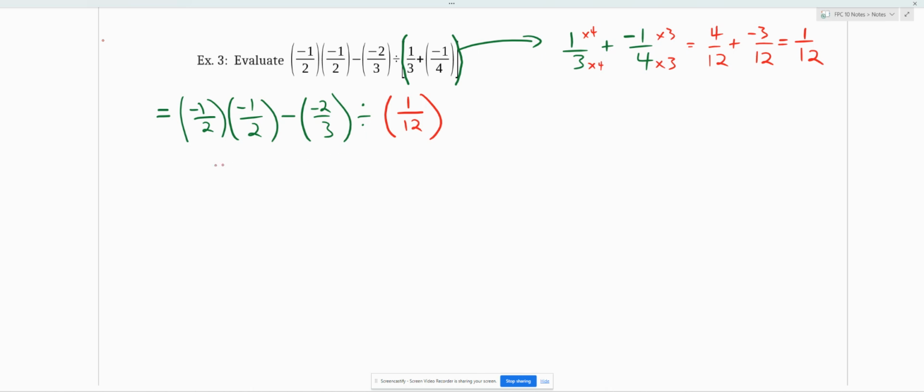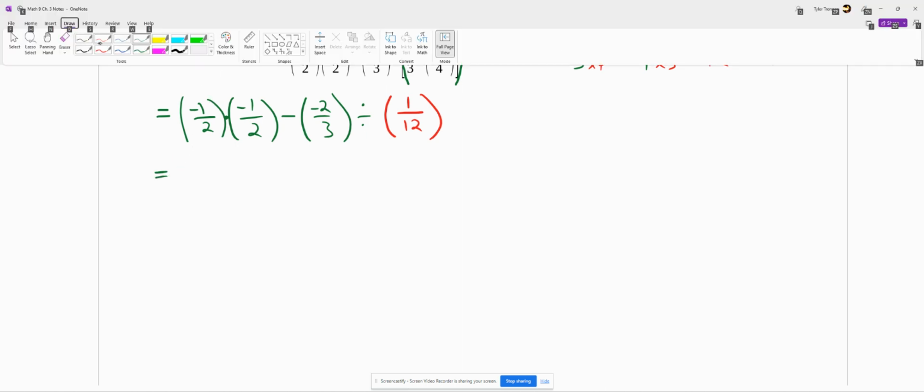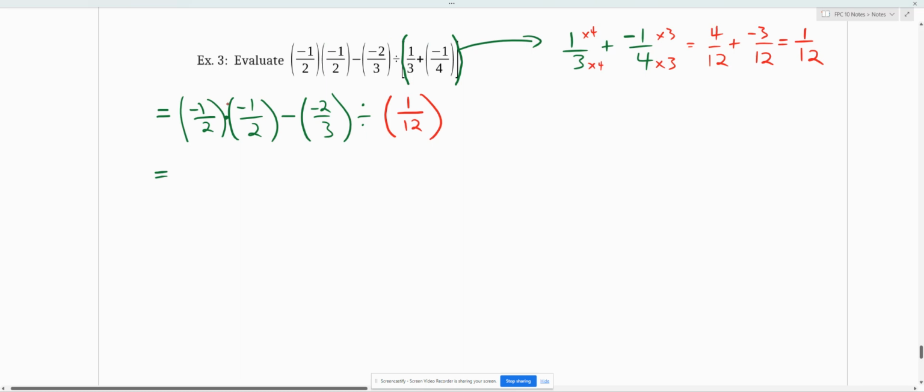Okay, I am going to do two things at once in this step though, because we have multiplication right here and I have division over here. So I am going to multiply these two fractions and I'm going to flip these two fractions. So first I'm going to multiply over here. I'm working left to right.